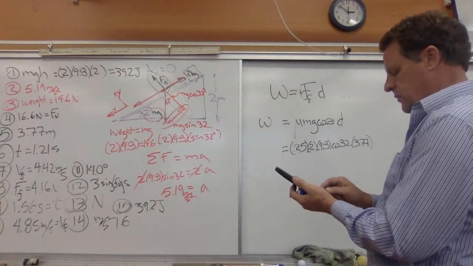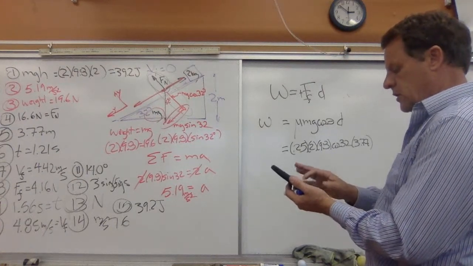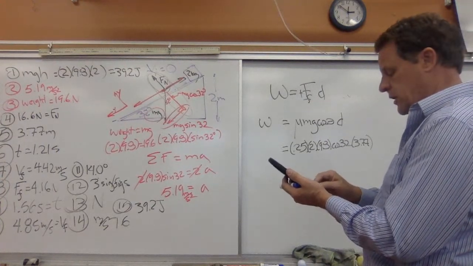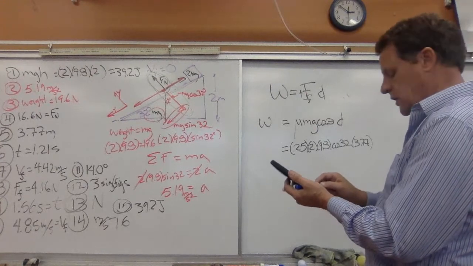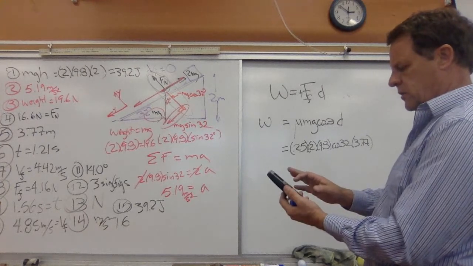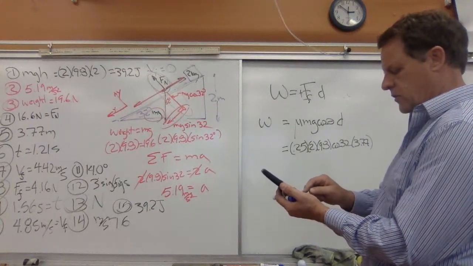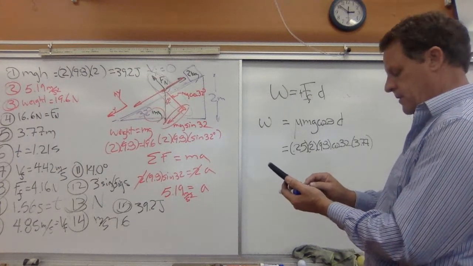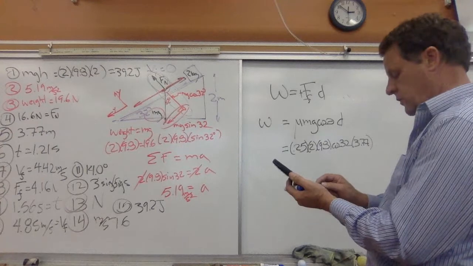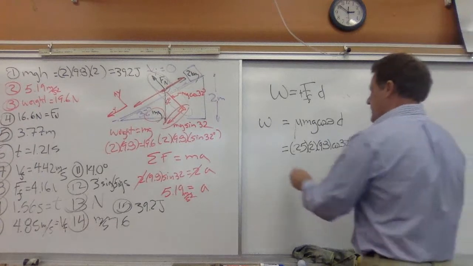Sorry, this calculator turned off. 0.25 times 2 times 9.8 times the cosine of 32 times 3.77 gives 15.67.